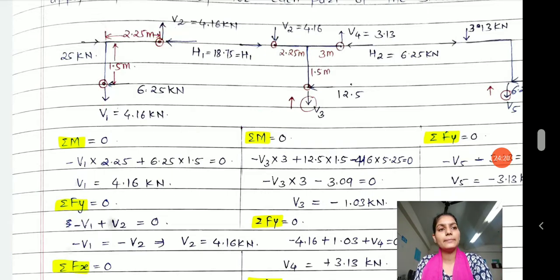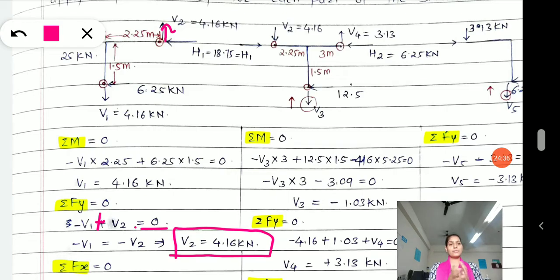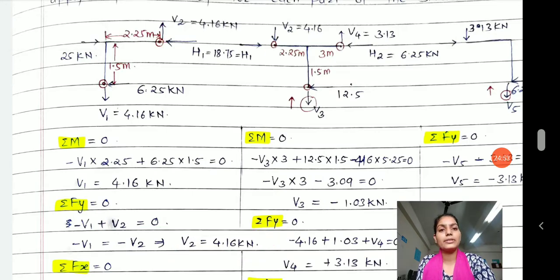So V1 plus V2, which I have assumed acting upward, will equal 0, giving V2 equal to 4.16. So both of the directions which we assumed, one acting downward and one acting upward, come out correct, right? That is why I insisted earlier that you assume the same direction which I have assumed. I hope you will follow it.